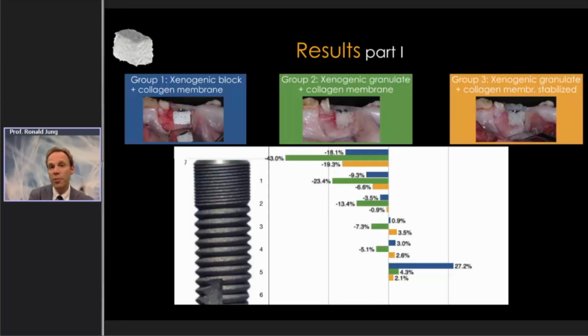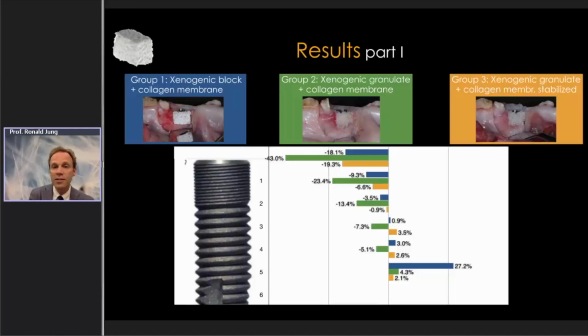In the group where we used the xenogenic granules covered with the collagen membrane, additionally stabilized with titanium pins, we could reduce the amount of graft displacement to 19.3%. But that is still a high number of volume changes taking place just by closing the flap, before the patient has ever started to eat on it, have a temporary reconstruction on it, or start to brush his teeth.